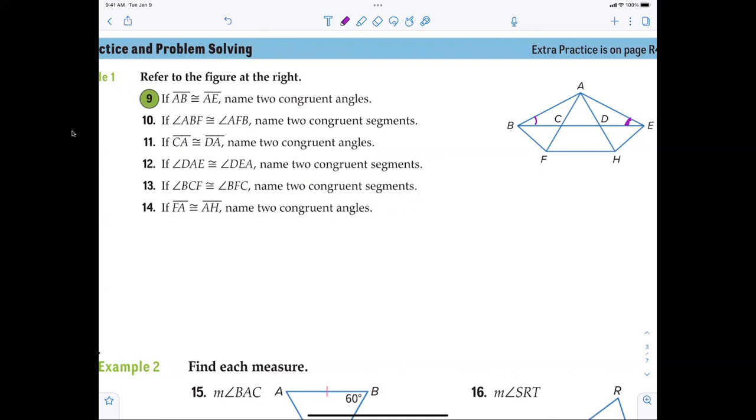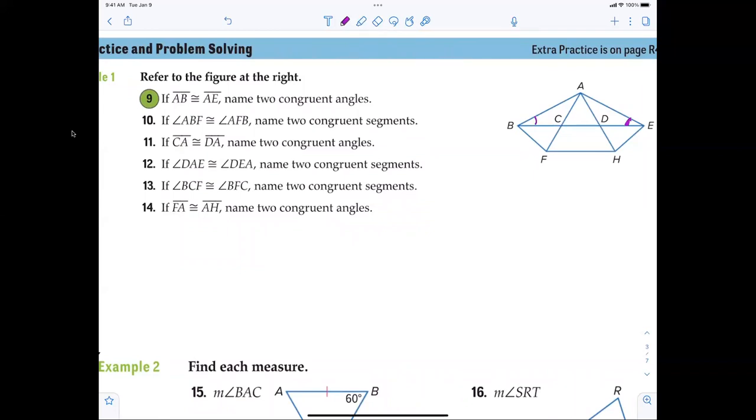Someone else who hasn't said anything today. If CA is congruent to DA, what angles are congruent? Liam. ACD and ADC. Yes, very good.